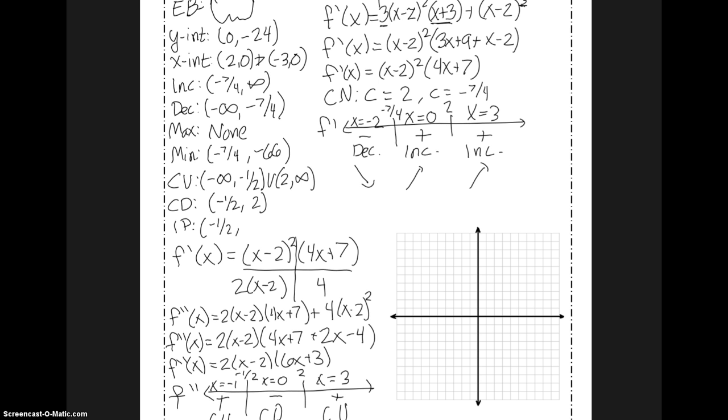And it looks like it's about negative 39 if I round. And then I also have an inflection point at 2, and if I plug in 2 to my original function to get the y value, that's actually going to be (2, 0).